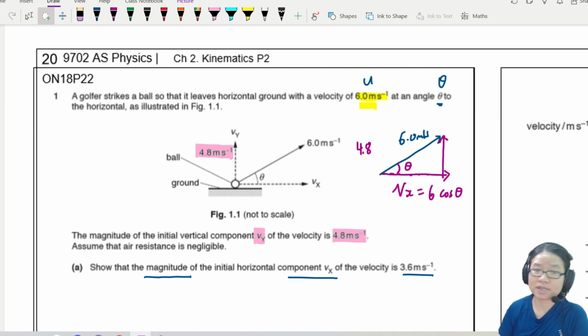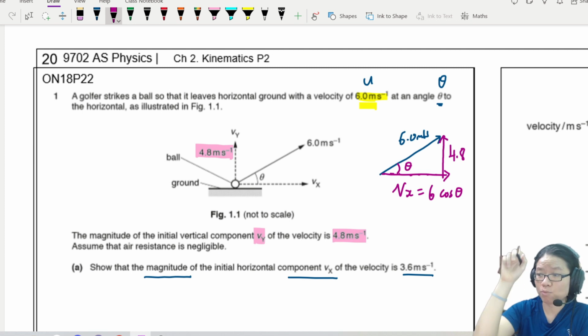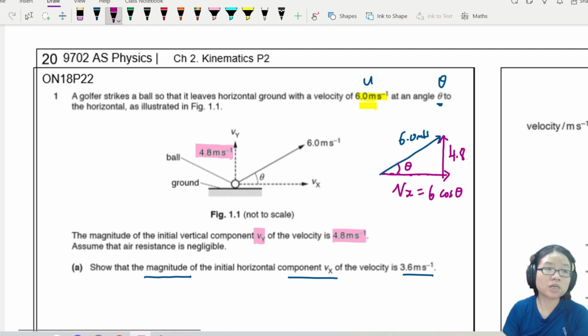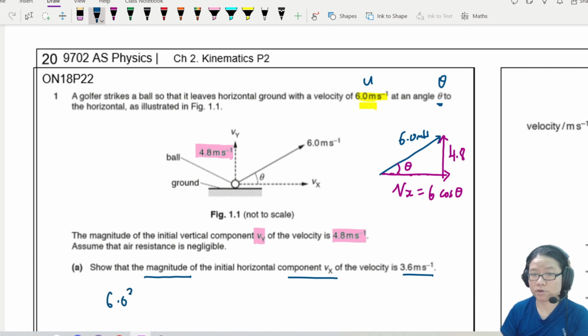So I can redraw this diagram. If I redraw this diagram this way, and this one here is 4.8, which means you move to the right, then you move upwards. If you want to find Vx, it's pretty straightforward. You can equate to 6 cos theta, but even better if you use the Pythagorean theorem. In this case, the hypotenuse, 6.0 squared, because the 90 degrees is here, is equal to 4.8 squared plus Vx squared.